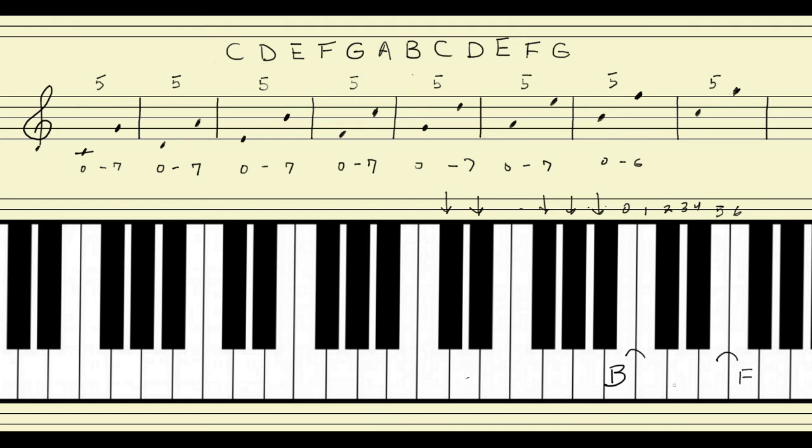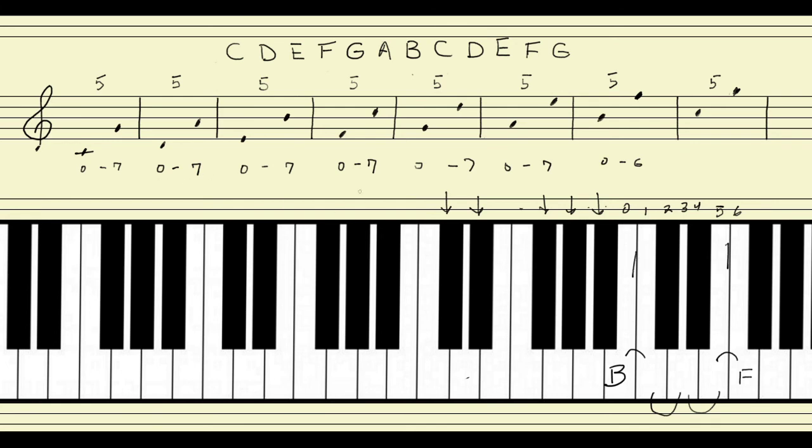So that means it's going to have 2 half steps and 2 whole steps, C to D whole step, D to E whole step. So you can see just visually on the piano where those extra half steps are missing. B to F gives us 2 of those missing half steps, right here and right here.